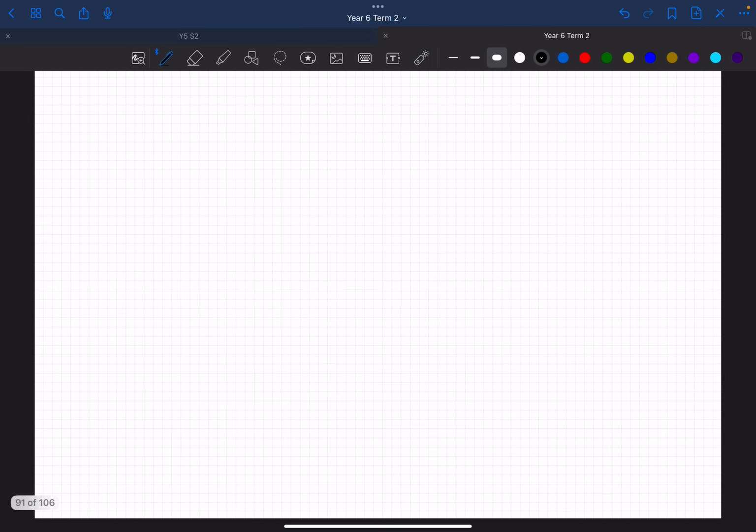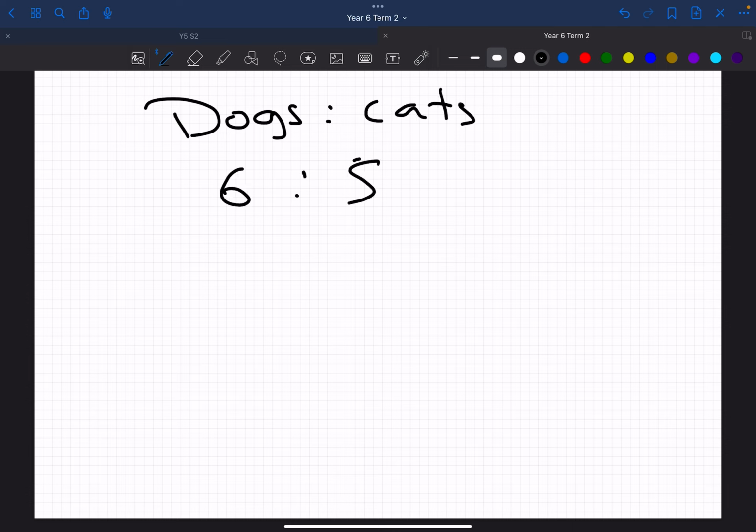Okay. Now ratios. If I have dogs and cats, and you know that the ratio of dogs to cats is 6 to 5, and the number of cats is 20, how many dogs do I have?